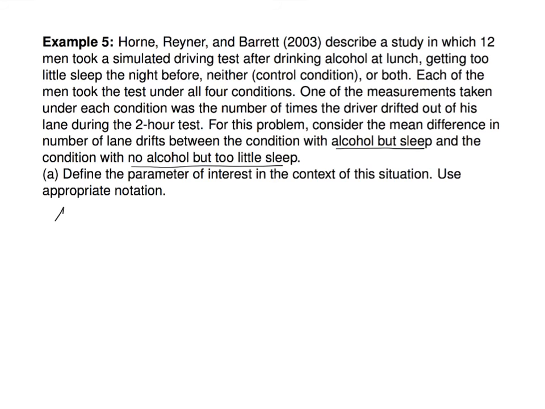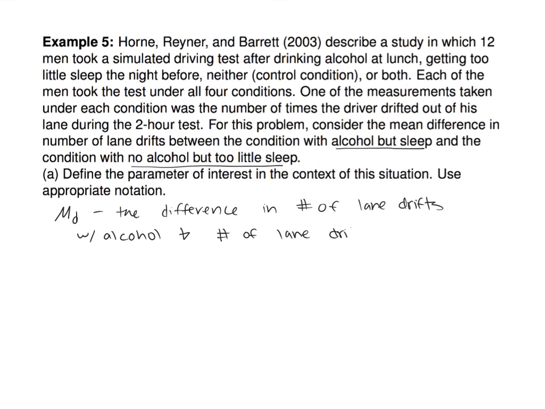So the parameter of interest is mu sub d, which is the difference in the number of lane drifts with alcohol and number of lane drifts with too little sleep.